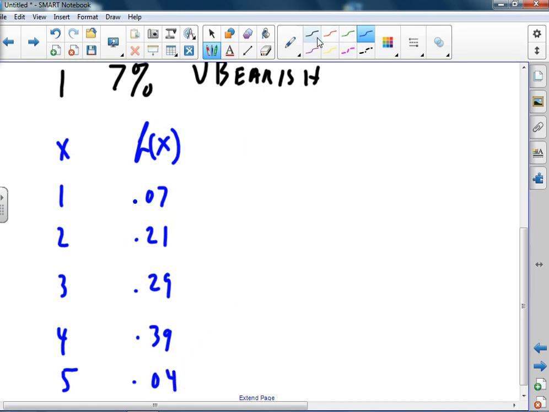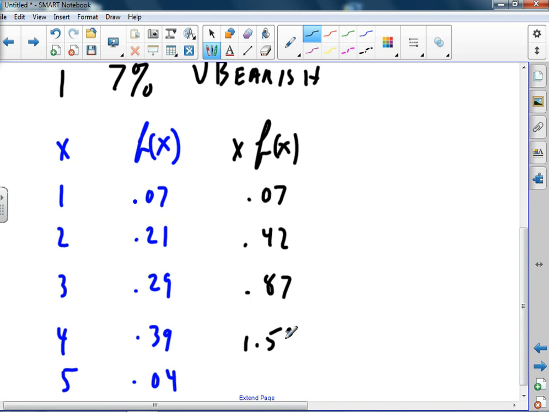Okay, we have x times the function of x: 0.07, 0.42, 0.87, 1.56, 0.2. Okay. We have x minus mu.